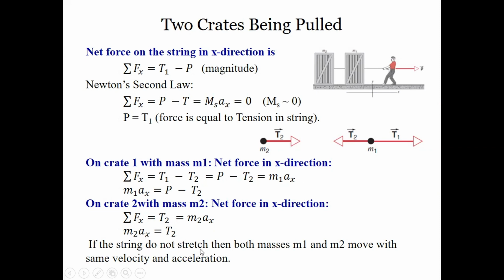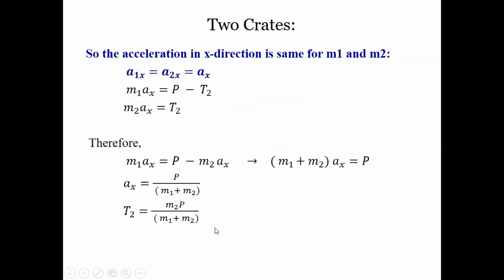So if the string does not stretch, then both masses M1 and M2 are moving with the same velocity and the acceleration. Therefore, A1x is equal to A2x equal to AX, and therefore we can reduce the equations M1 AX equal to P minus T2 and M2 AX equal to T2.